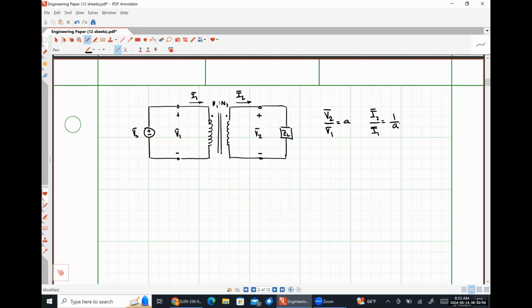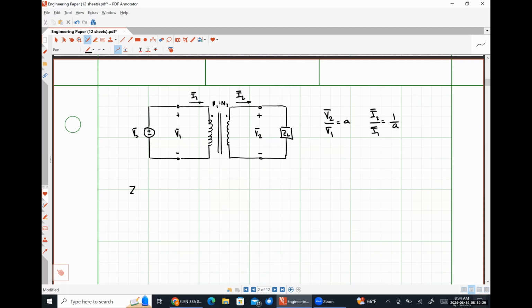So what I'm interested in figuring out is effectively what the impedance that my voltage source sees by having a load connected to my transformer. So let's think about things really quickly here, okay?